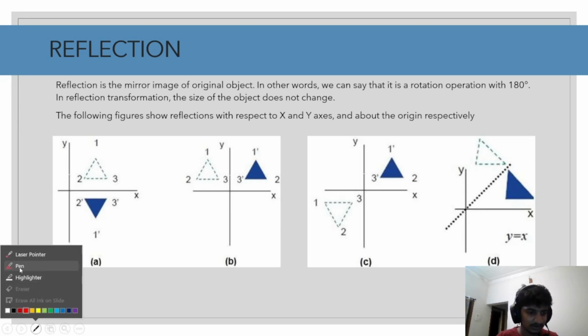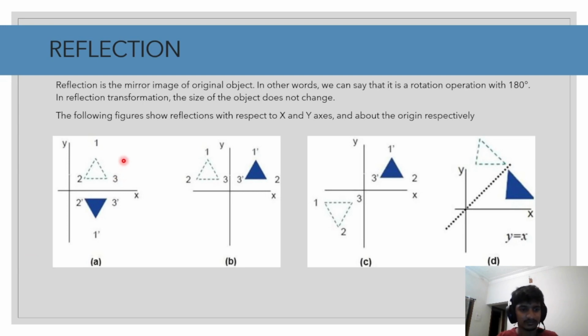So as you can see, this is the original object 1, and 1 dash is the reflection along the x-axis. And this is around the y-axis.